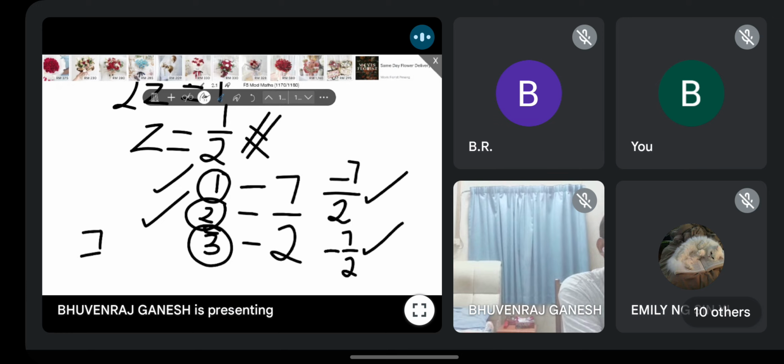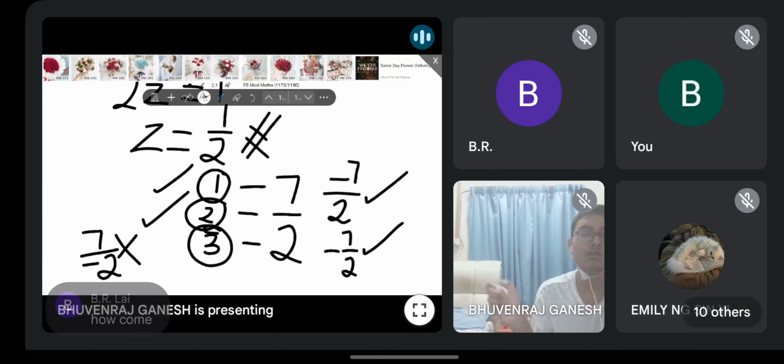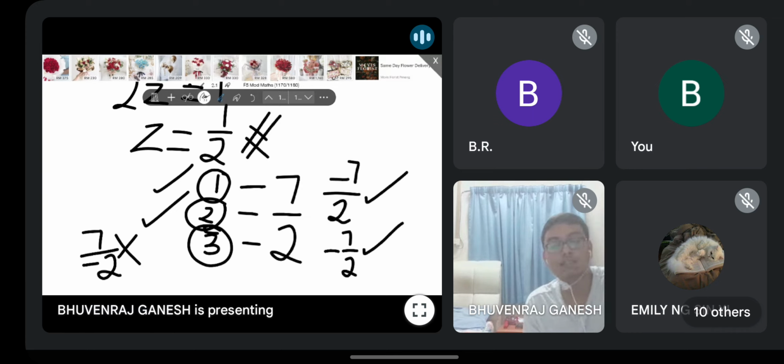But if you write 7 over negative 2, this one is wrong. Remember, guys, middle or top only can be accepted. Don't put it at the bottom. Bottom is different already. Yes, actually either position is the same answer, but in terms of mathematics logic, usually we don't write like this. It's quite rare.